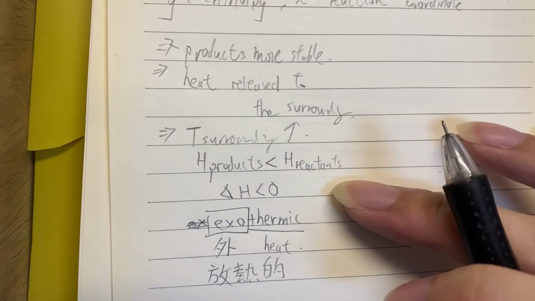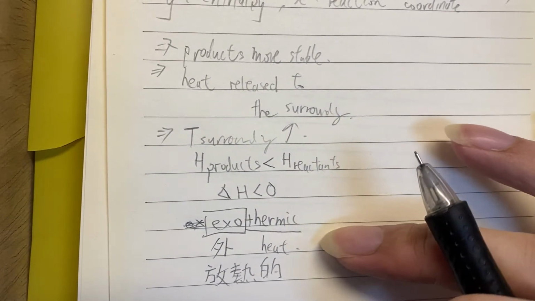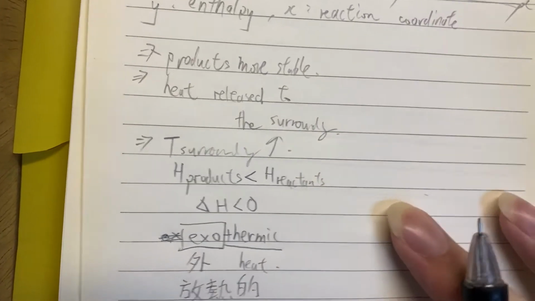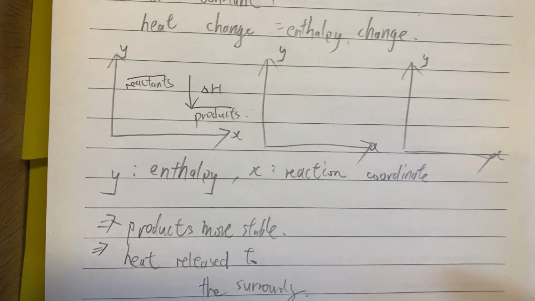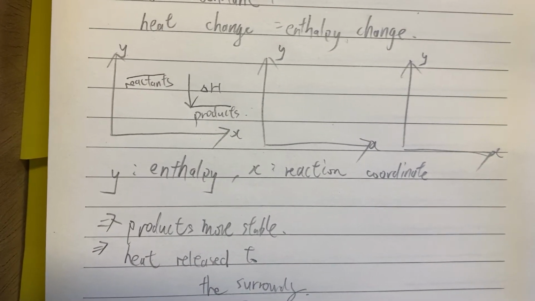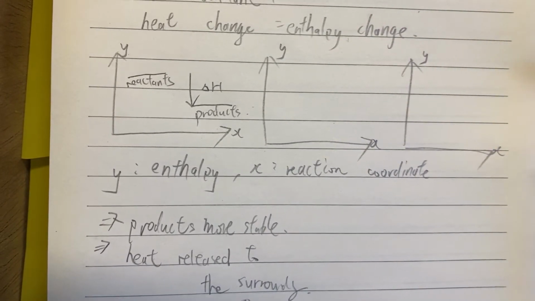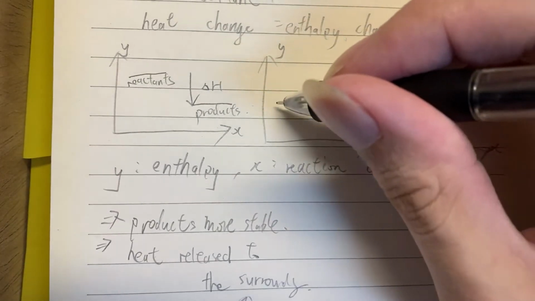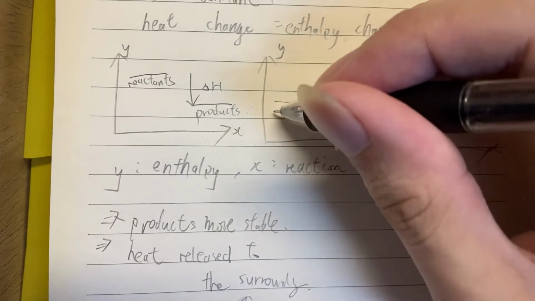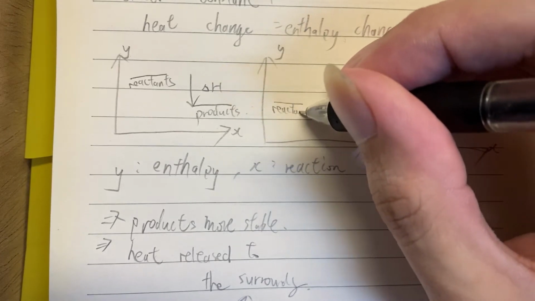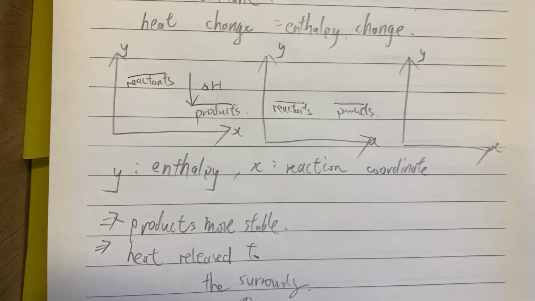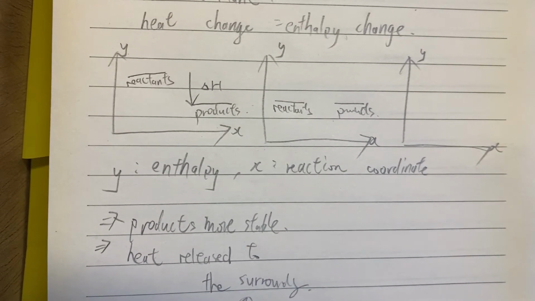If it is negative, then it is exothermic, and it will release its heat to the surroundings when the reaction proceeds. And if you are clever enough, I think you can immediately think of the second and the third types of chemical reaction in terms of the delta H. For the second one, the reactant and products are the same in energy level.